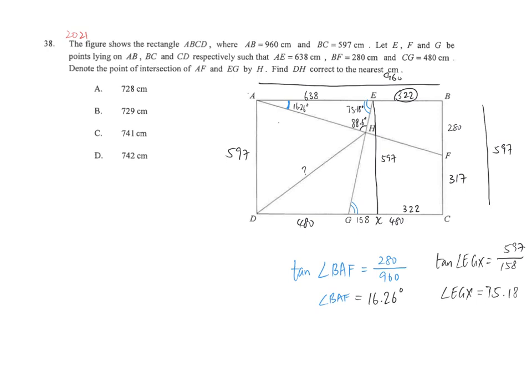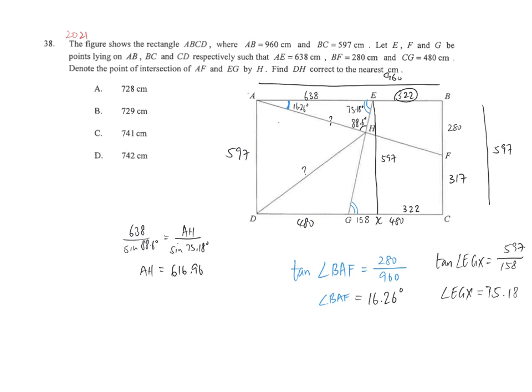Now I'm going to use the sine law for this triangle AEH, with the side AH over sine of 75.18, and doing the calculation will give us 616.96 as the length of AH.